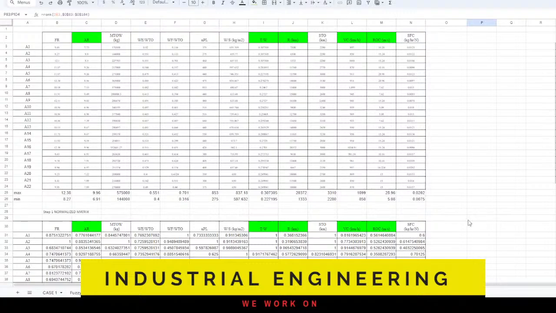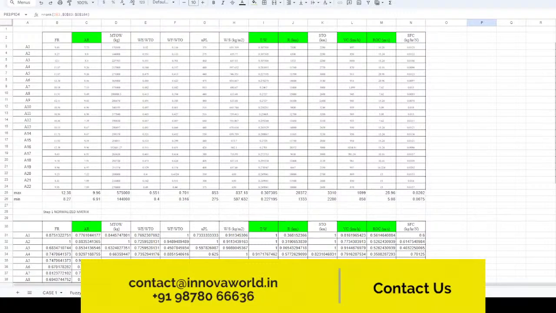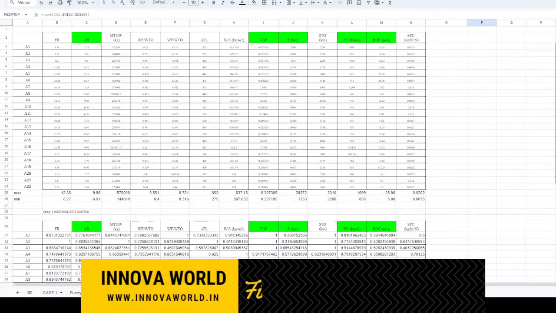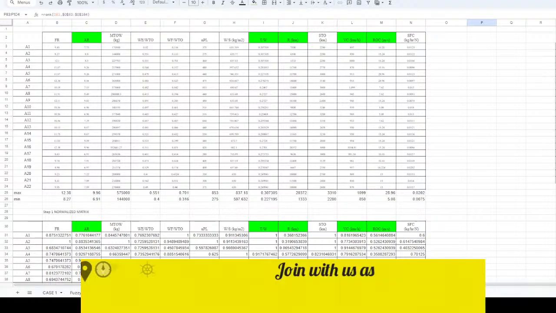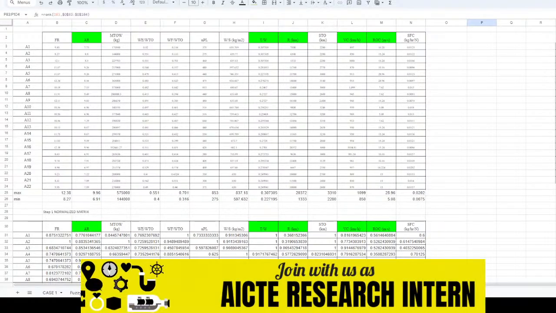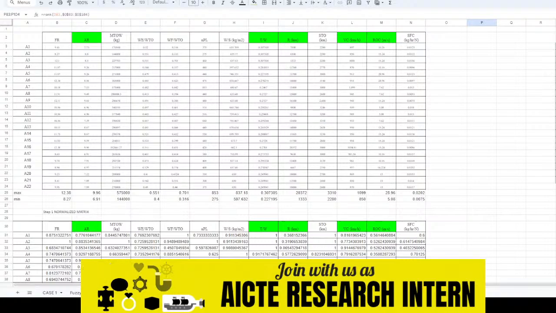First and foremost, the best option is Excel. If you are good in MATLAB or Python, you can opt for those accordingly. But I was comfortable in Excel, so I have done it accordingly. Based on your comfort zone, you can do it.